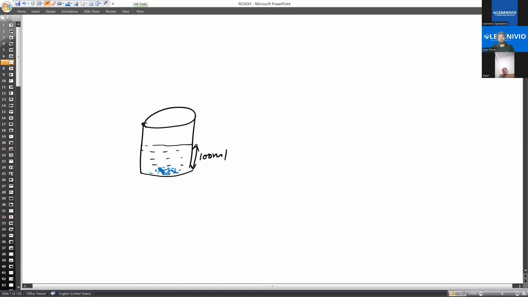Then you will find that the level of the water rises up a little bit because the sugar is not dissolved.